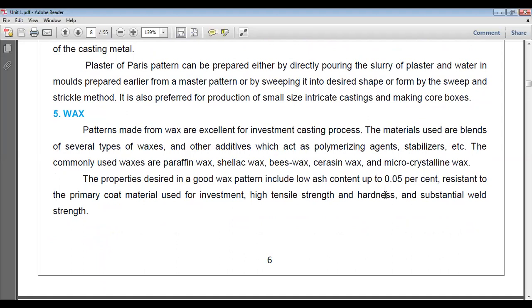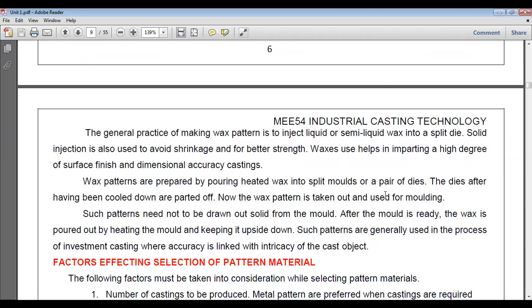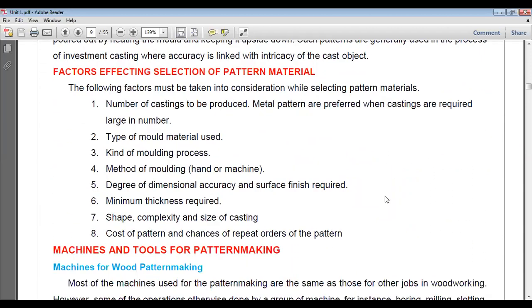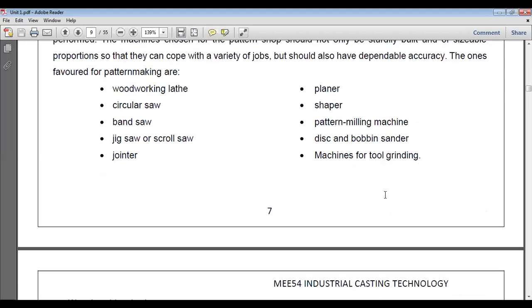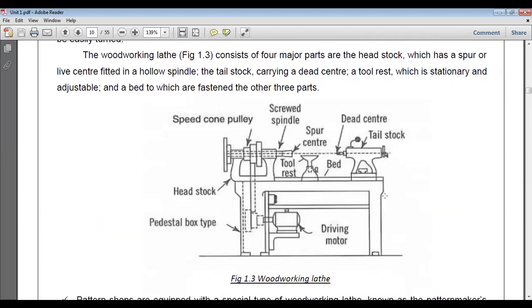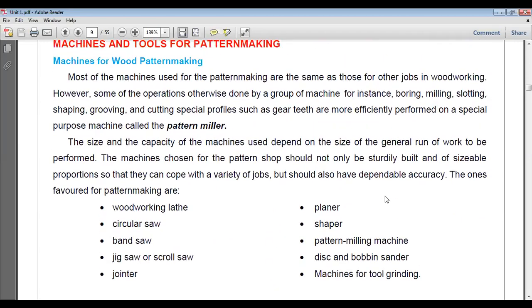Wax cannot withstand high temperature and doesn't have as much strength as the other materials, so wax is the least preferred material for pattern making. These are the factors we discussed in the last-to-last lecture.